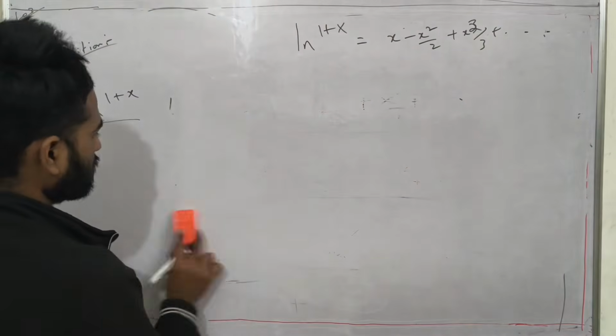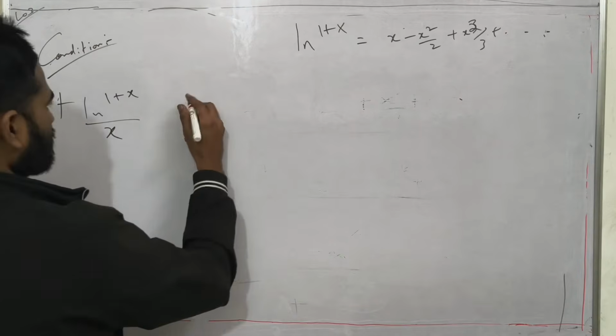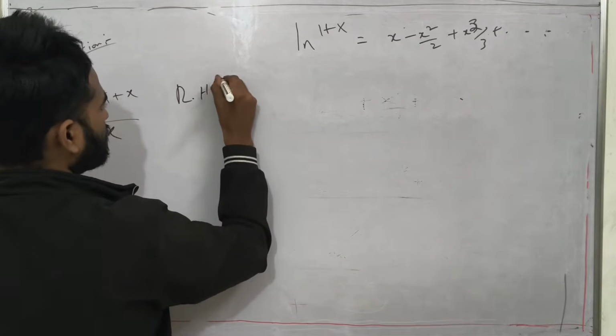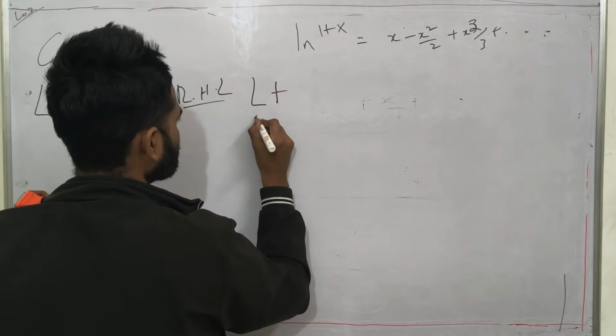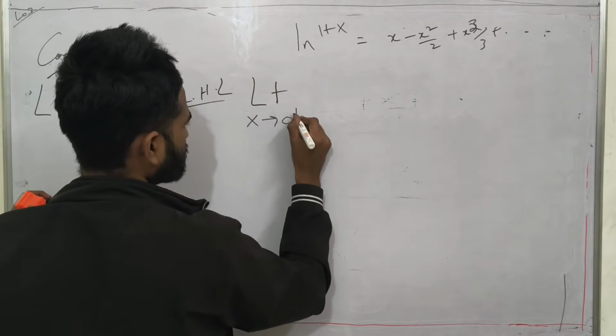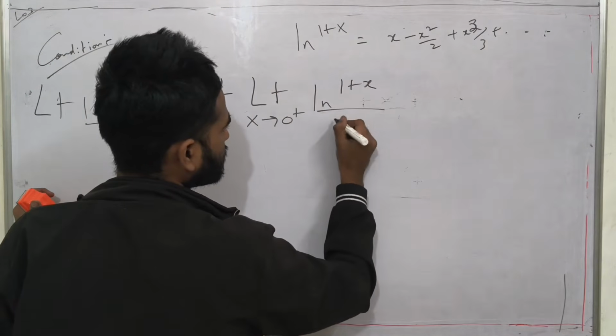Similarly, if you take the right hand limit, our right hand limit is limit x tends to 0 plus of ln of 1 plus x by x.